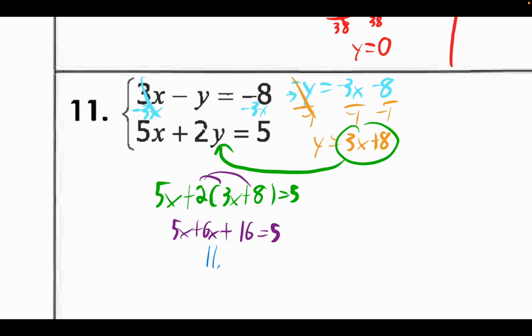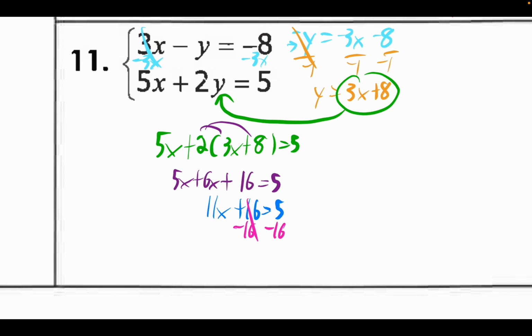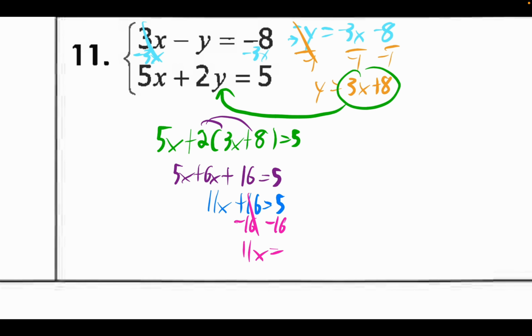I combine like terms and I get 11x plus 16 equals 5. I had to subtract 16 on both sides, and I get 11x equals negative 11. Divide both sides by 11, and I get x to be negative 1.